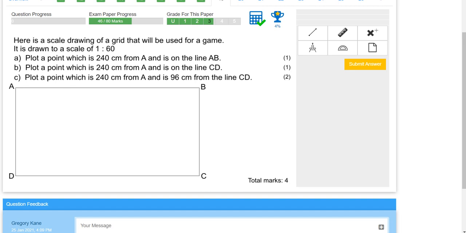So I want something that's on A and on the line AB. So what am I going to do? Well, one way of doing that to plot a point is simply to take my compasses and to set them up to 4 centimeters.